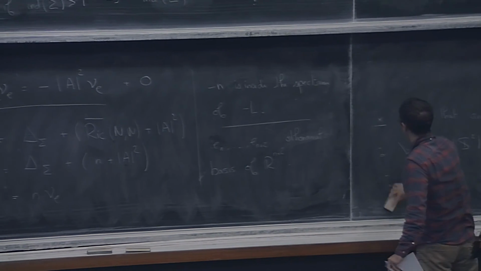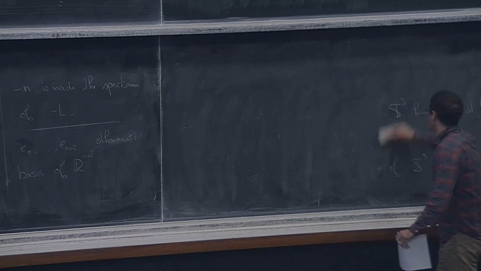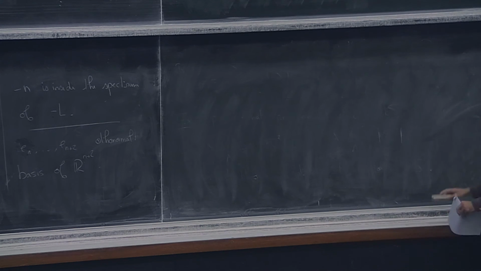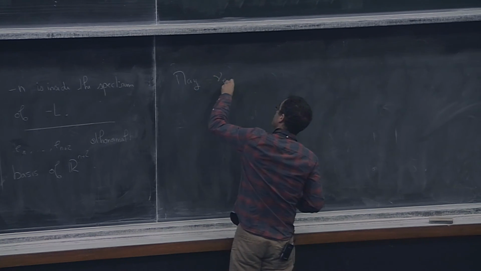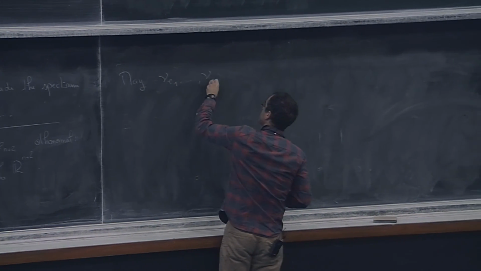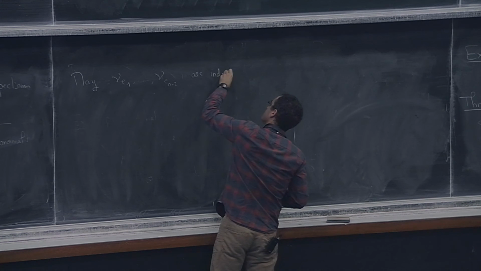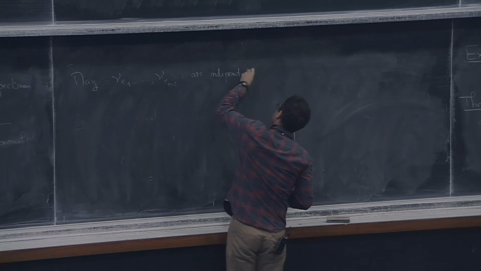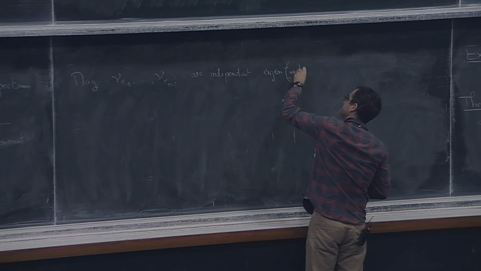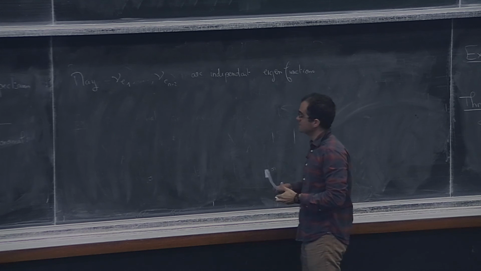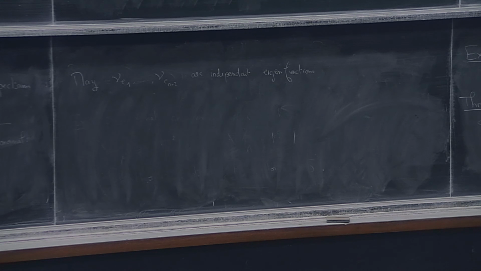And the question is maybe nu E1, nu E2, ..., nu E(n+2) are independent eigenfunctions. So what I see is at least n plus 2 negative eigenvalues for the Jacobi operator. Okay.